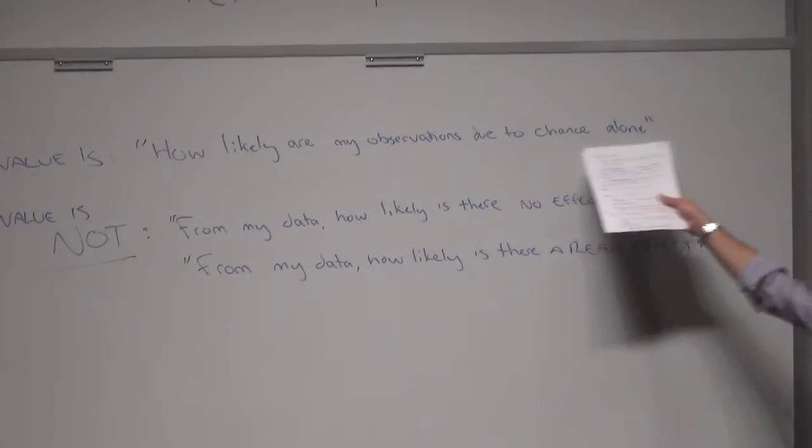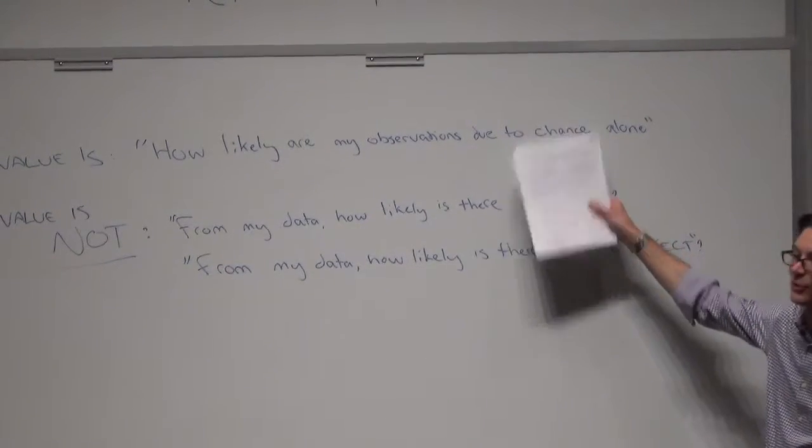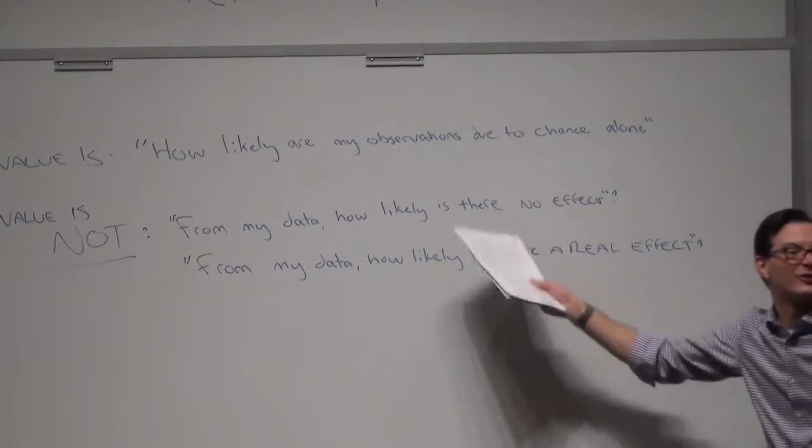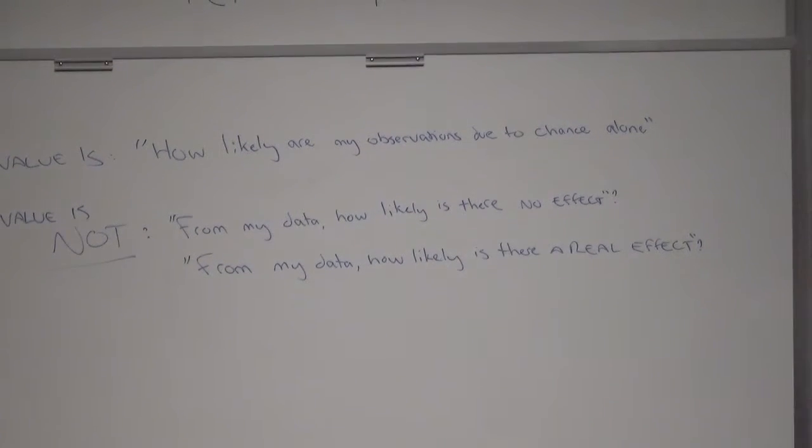These seem like very similar questions, the what is a p-value and what is not a p-value, right? Like, how are these different? Why is one of them correct and one of them a huge error?